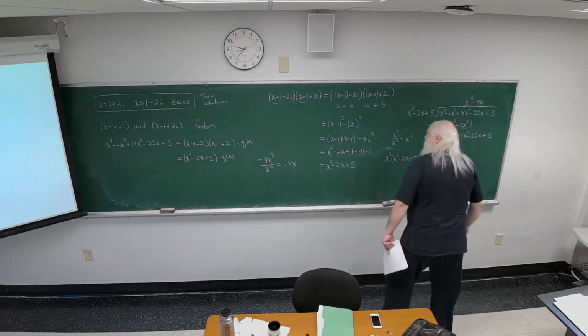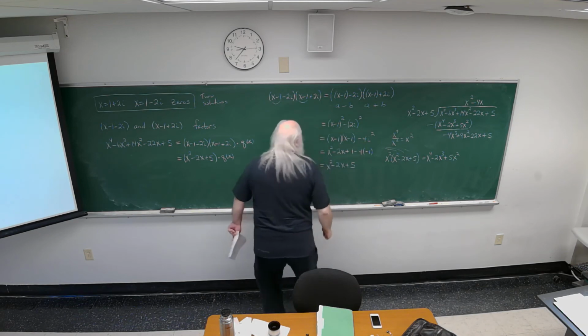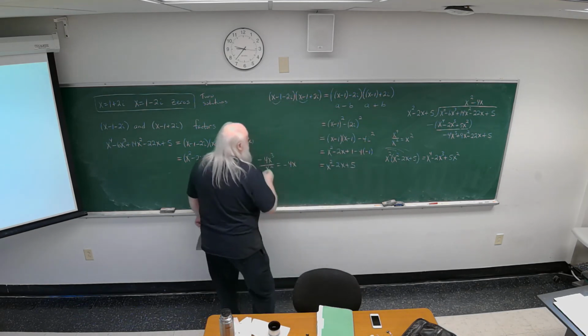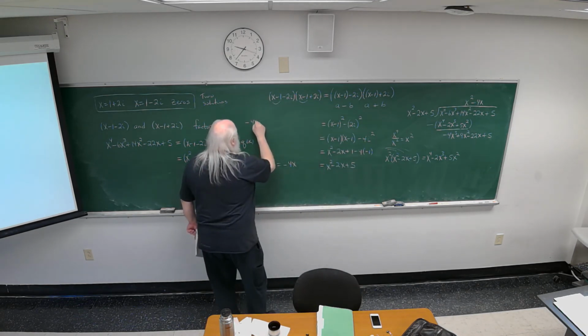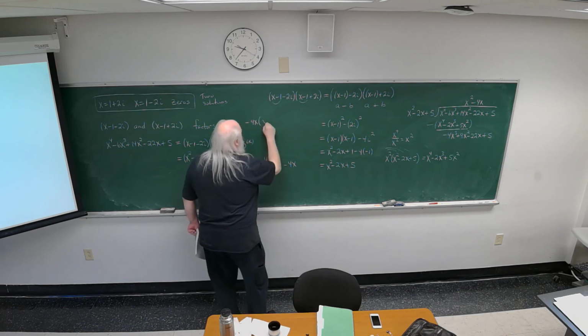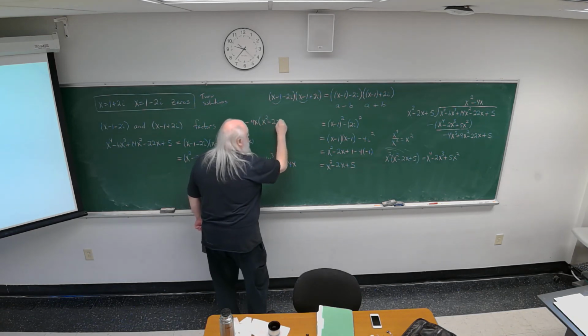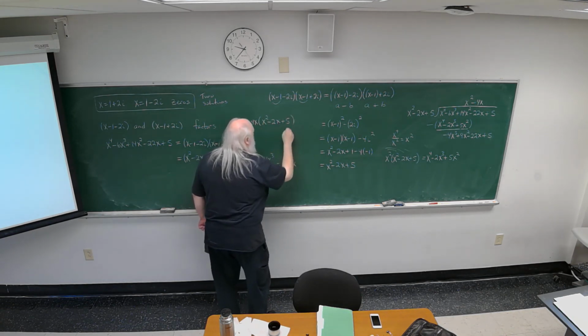And now you got to multiply the divisor by x squared minus 2x plus 5.